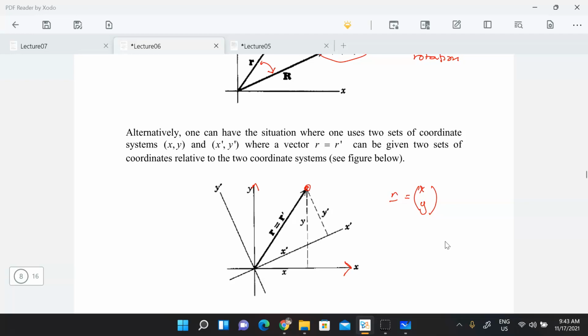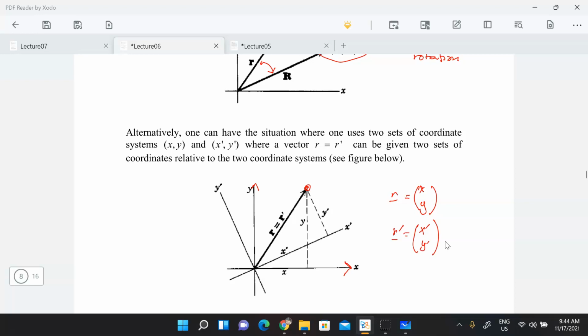But if the axes of these coordinates are rotated instead, and the point is still the same, this vector is now described differently. It's the same vector when you go back to the same coordinate system, but it's a different vector r dash, and according to this rotated coordinate system, it is given by x dash, y dash.